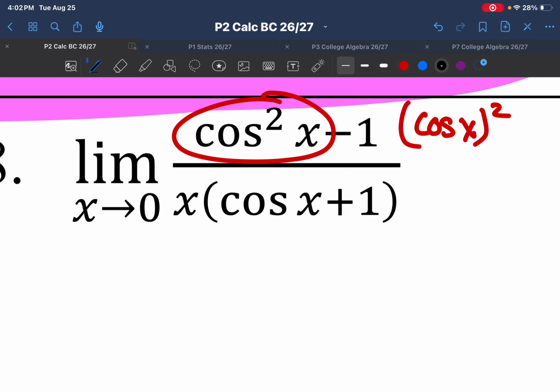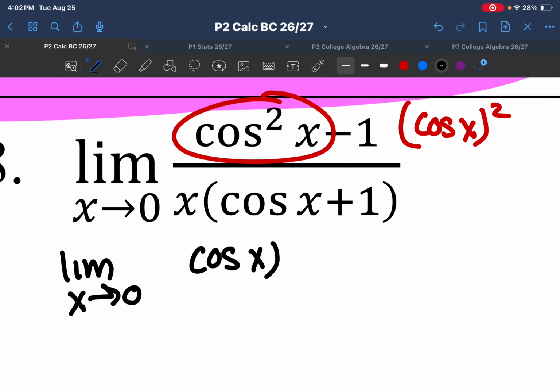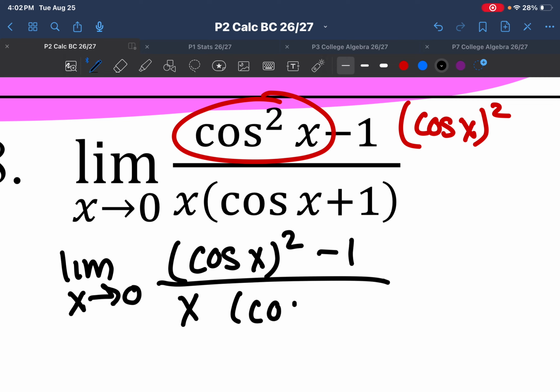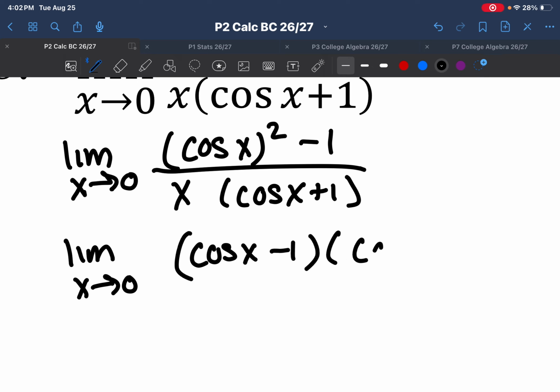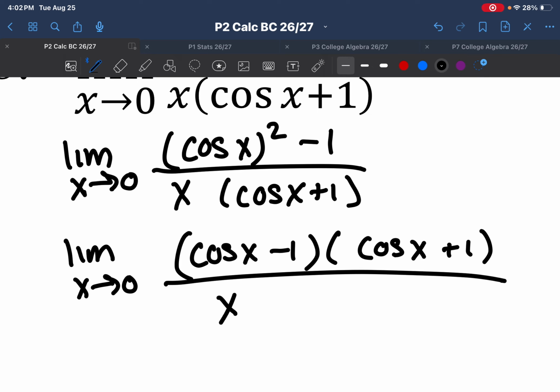So the limit as x approaches 0 of cosine x squared minus 1 over x cosine x plus 1, I could actually factor that. So this is the limit as x approaches 0 of cosine x minus 1 times cosine x plus 1 over x times cosine x plus 1.